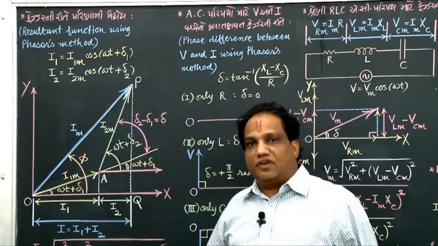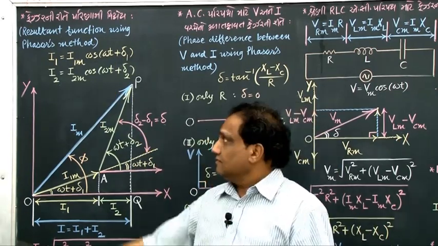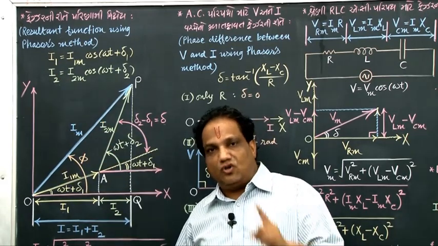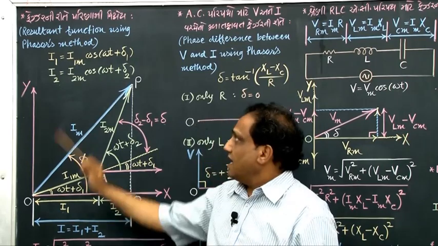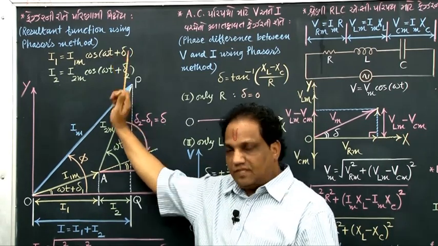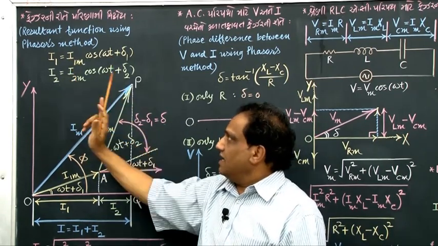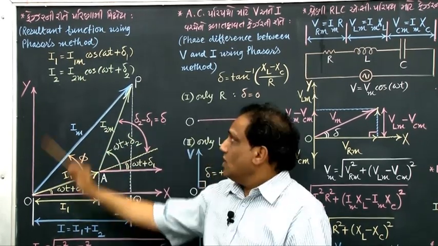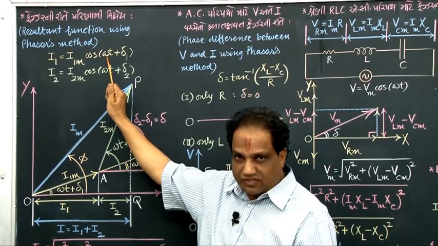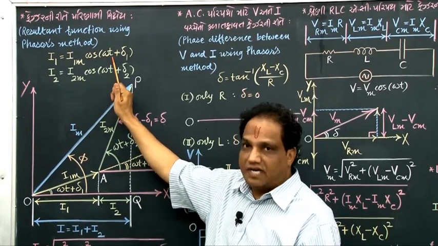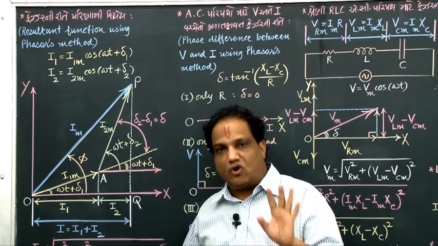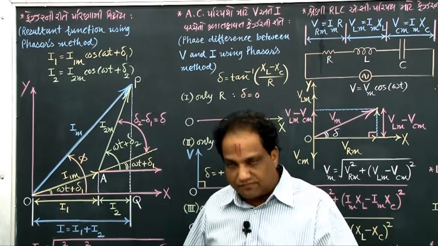Just give me the identification of each quantity. What is I1? It is the instantaneous value of the first function at time t. What is I1m? It is the maximum value of the first function. Omega is angular frequency, t is given time, delta 1 is the initial phase of the first function.